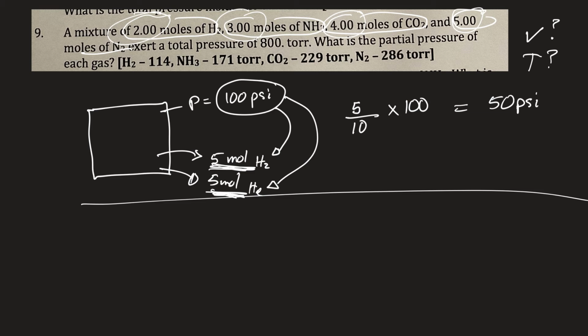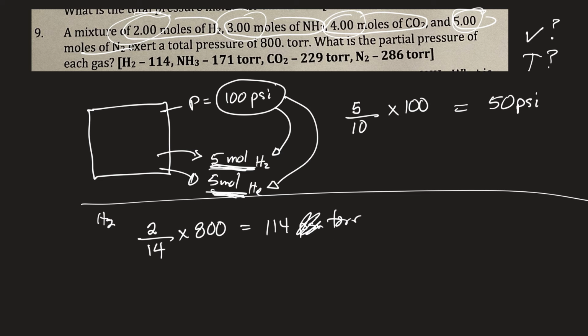So if I want to look at what pressure hydrogen is giving, I'm going to say 2 out of 14 are attributed to hydrogen. And then I just multiply by the pressure. The pressure is 800. So if I multiply those two, I should get something close to 114 psi, or in this case, torr.